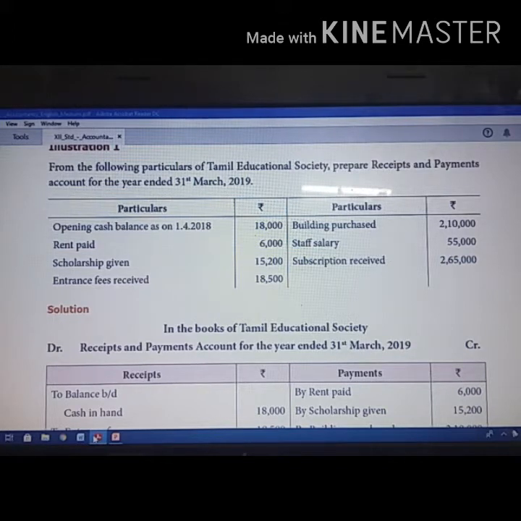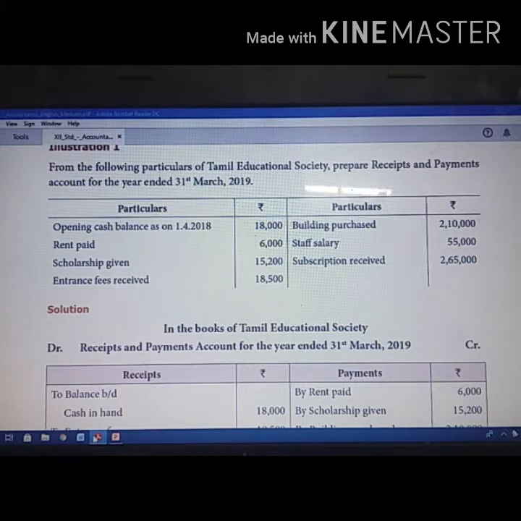So this is the sum, the rent paid. It is very easy to find out whether it is a payment or a receipt. So rent paid, it is a payment, so we have to post this on the payment side. Payment means credit side. Scholarship given, that is also a payment, so we have to post this amount on the credit side. Entrance fees received, this is a receipt, so we have to show this on the debit side.